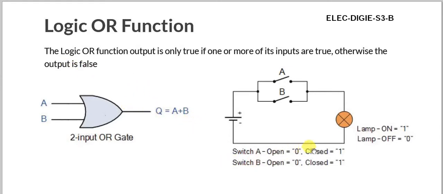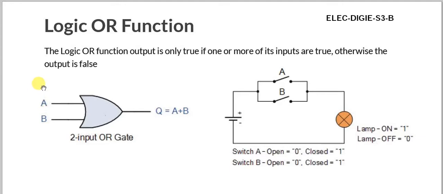Now, in order to understand this logic OR gate operation, we take the equivalent discrete circuit or electrical circuit which explains this logical operation. Remember this, the on-off state is a binary variable, just like a switch is in the state of either on or off.